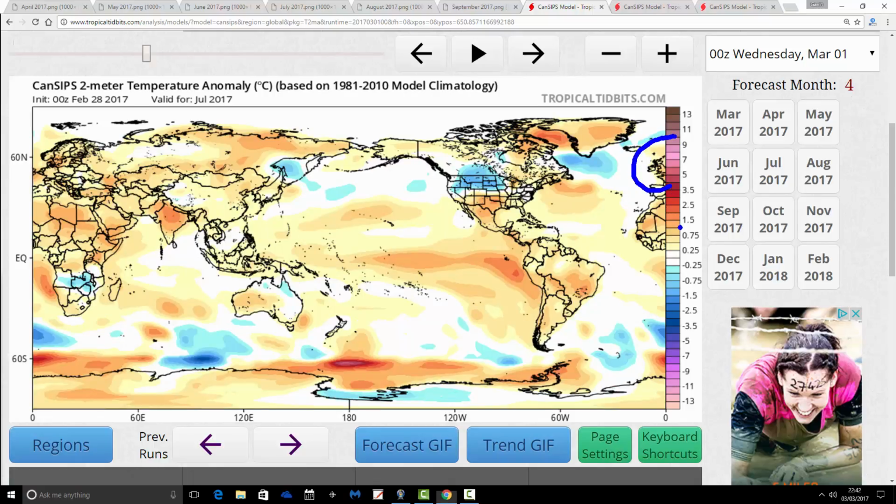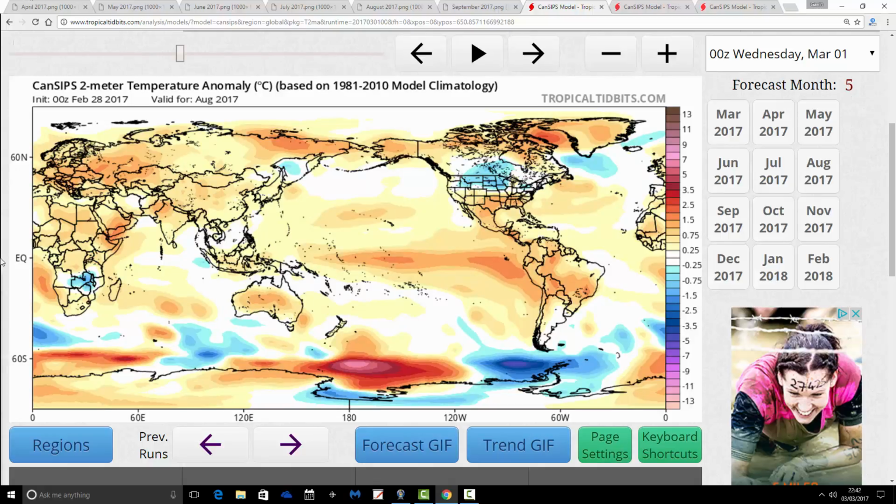Yes, another warmer than average month coming up for July, fairly significantly so actually, going up to around a degree and a half above average perhaps. So quite a warm July coming up there. And into August, the above average temperatures continue, all months so far coming out warmer than average. And what about September?